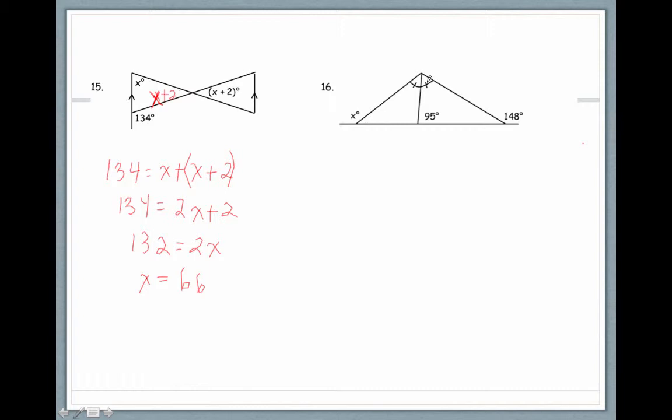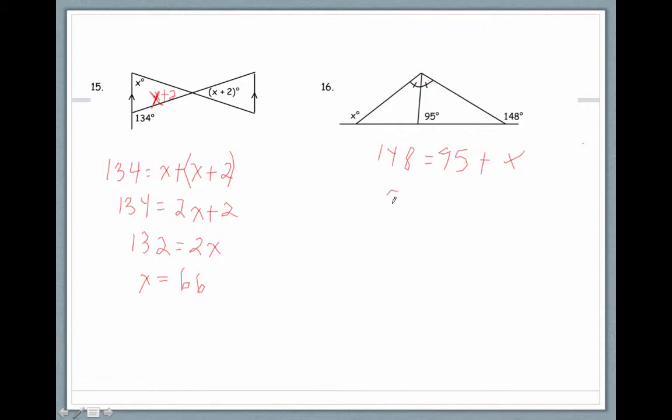On this one, these two are the same. This one's 95, so 148 is this one plus this one. So 148 is 95 plus whatever this is. That's bad notation, but that's okay, because we're just solving.